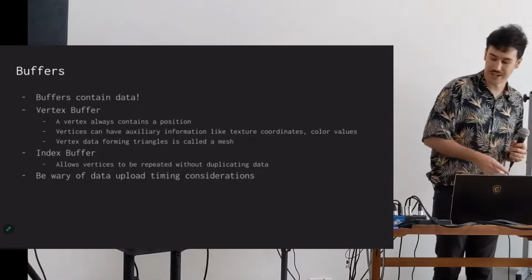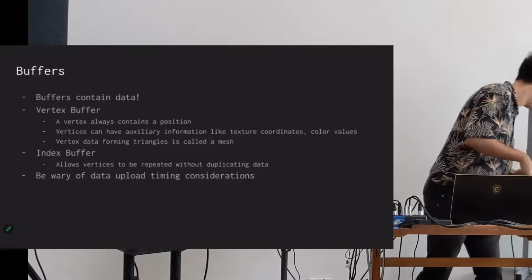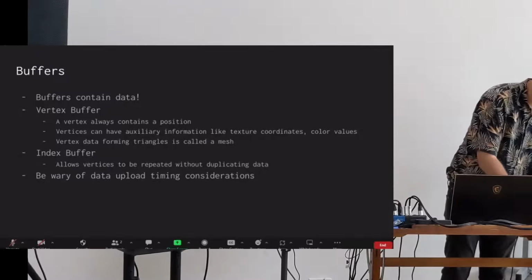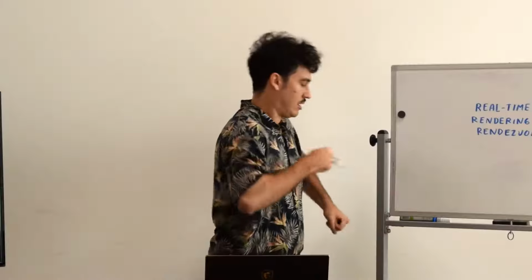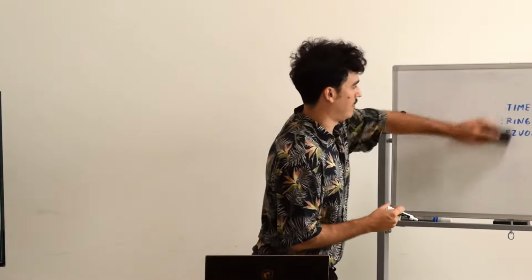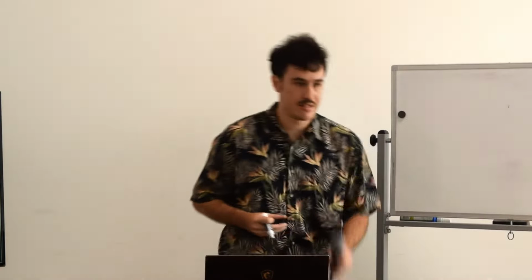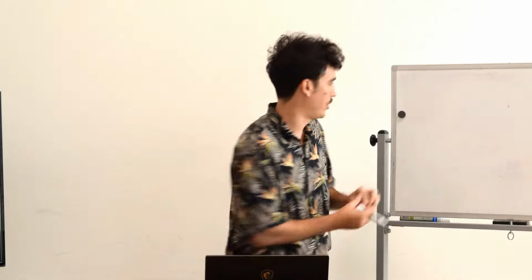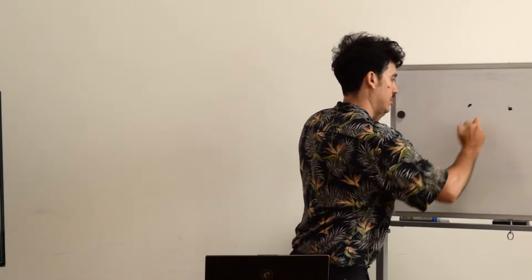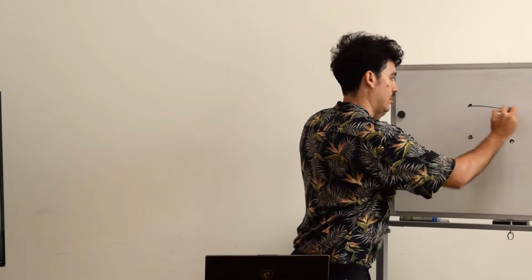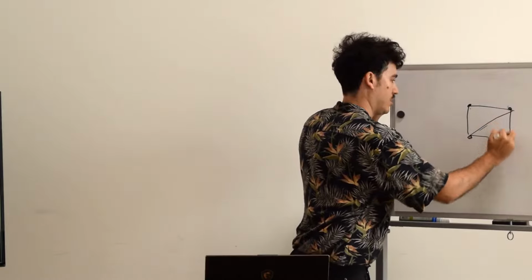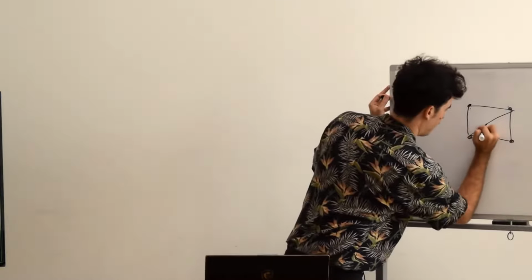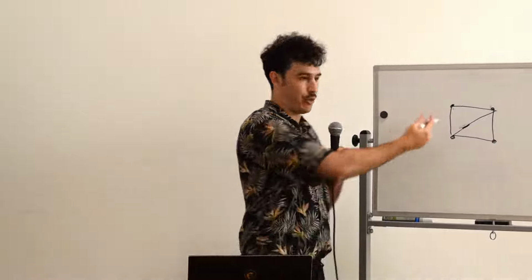So I think I might want to diagram this, actually. Say we want to draw a quad, which is just two triangles in the shape of a rectangle. So that's a rectangle being formed out of two triangles.